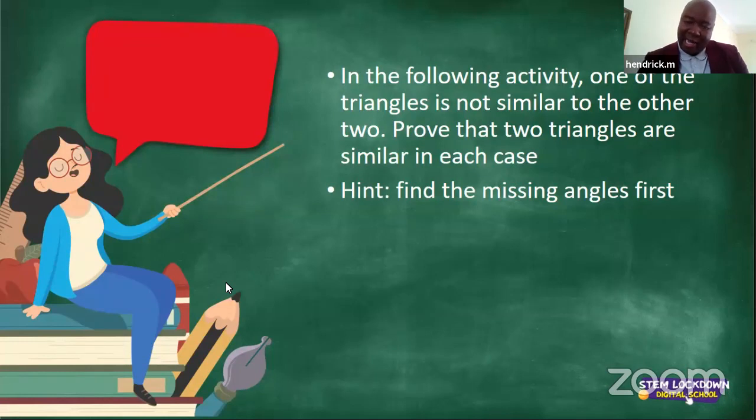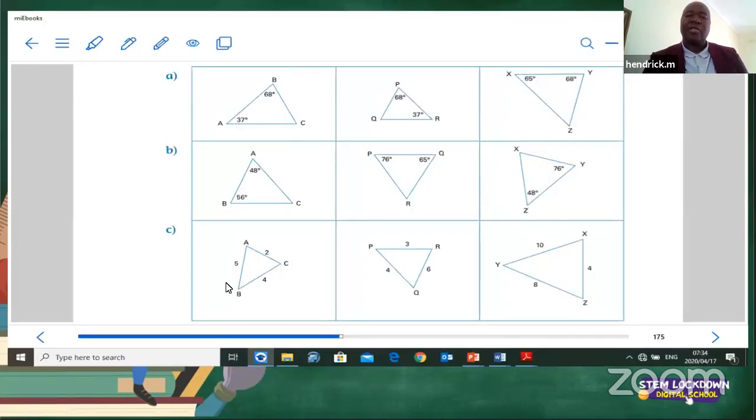There's a missing angle in each triangle, and I want you to find that missing angle. As you can see in A, we have 3 triangles: triangle ABC, triangle PQR, and triangle XYZ. You are also given a set of angles there.